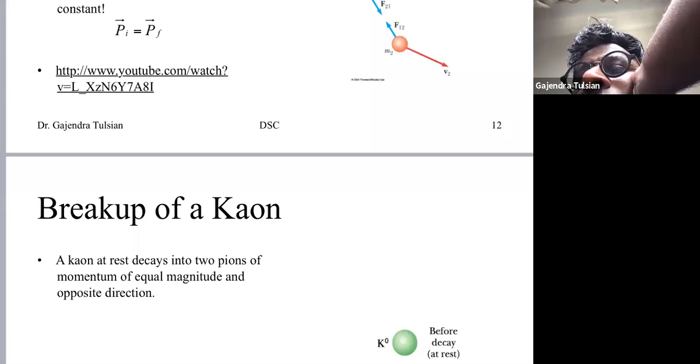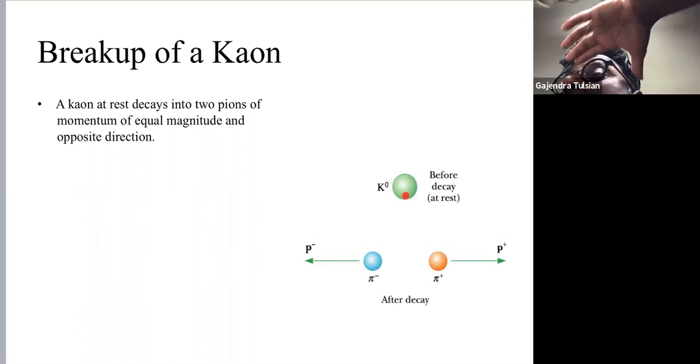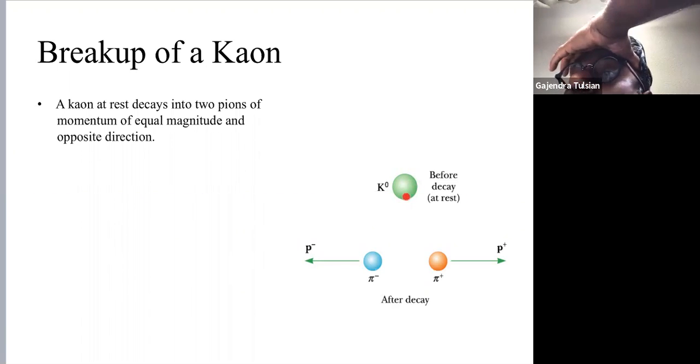Here's an important one in particle physics. Okay, so you have these particles that decay. So here's a particle that probably lasts maybe a microsecond or something. And if this guy was at rest, he breaks up into these two particles. And since the momentum before he breaks up was 0, the momentum after he breaks up must be 0.